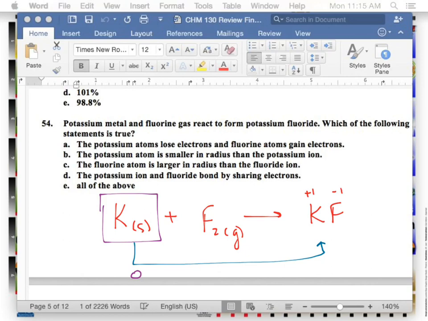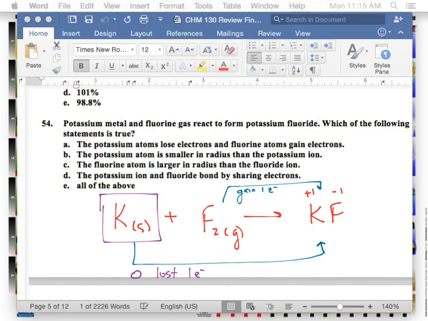There is nothing specified in that upper right-hand corner. Which means when we run this reaction, potassium is going from a 0 to a +1. What happened to it? It lost 1 electron. What happened to the fluorine? It gains 1 electron. The fluorine gained 1 electron.